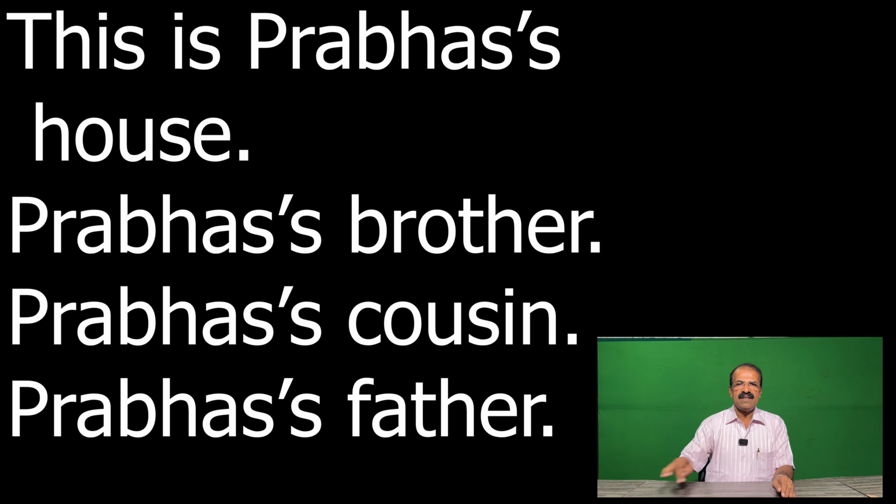So this is Prabhas's house. This is Prabhas's brother. She is Prabhas's cousin. He is Prabhas's father. I can't say he is Prabhas' father. You can't put merely an apostrophe at the end of the name. That is wrong.